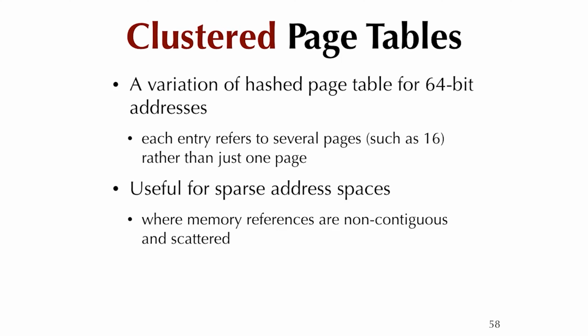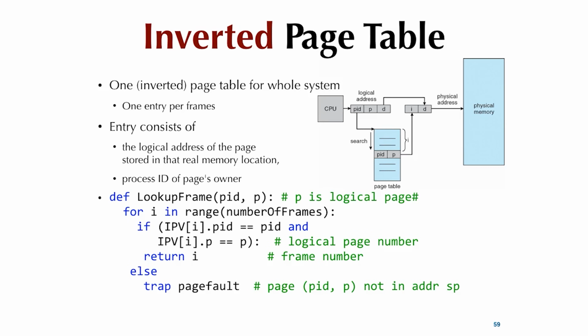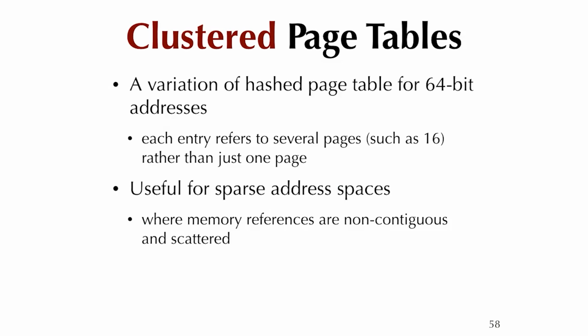So this way, it would be much more economical, because you don't need as many different entries in your hash table. The same number of entries can now handle many more entries, but each entry is now an array rather than just a single mapping.